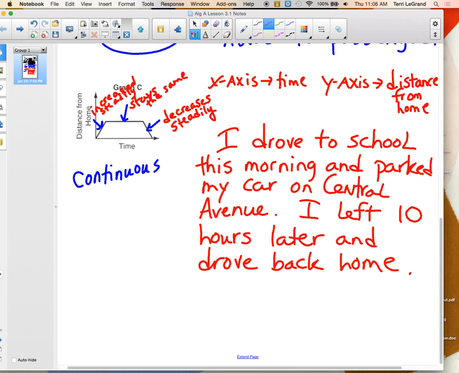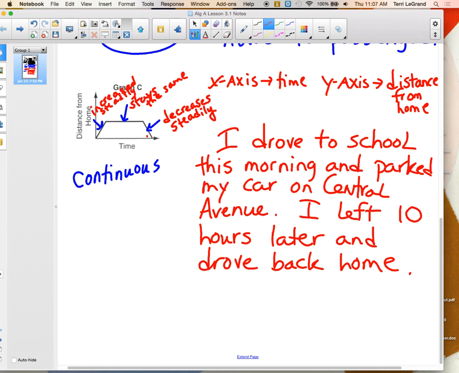Cody, what's another possibility? He showed that his speed increased. Is speed a part of this? Is speed involved in this story? No. If you're gonna say something about speed, then if this one increased a lot more sharply than this decreased, I might say, I left home this morning and drove to school in a hurry.